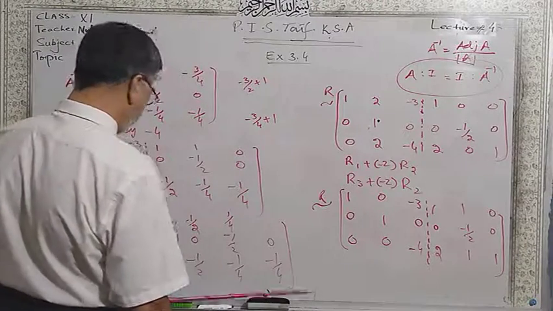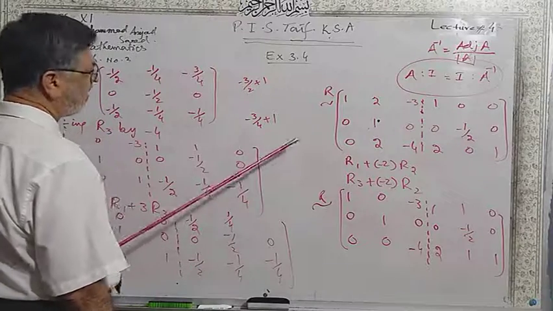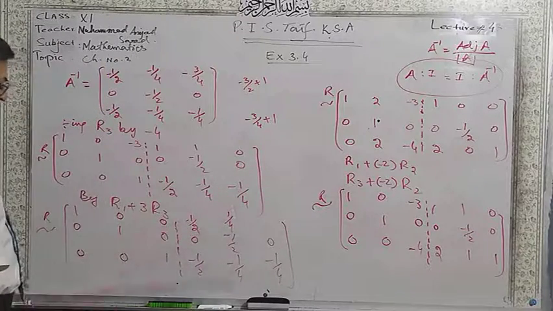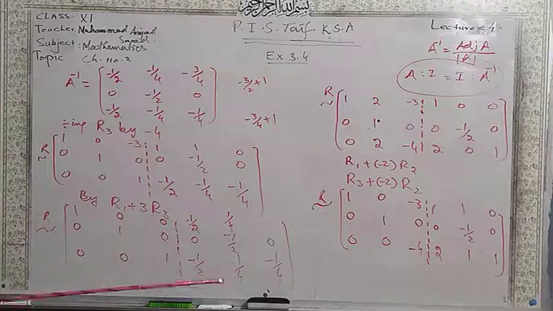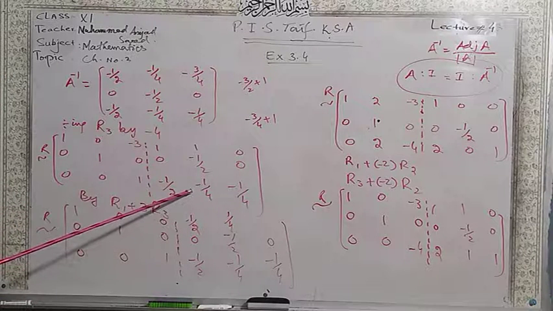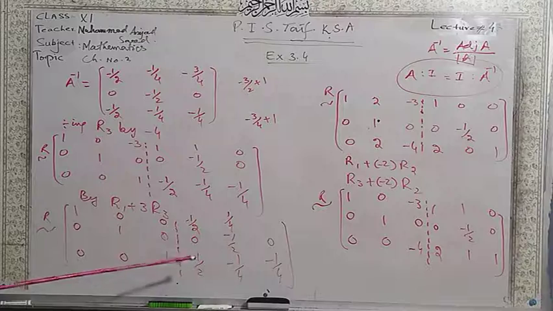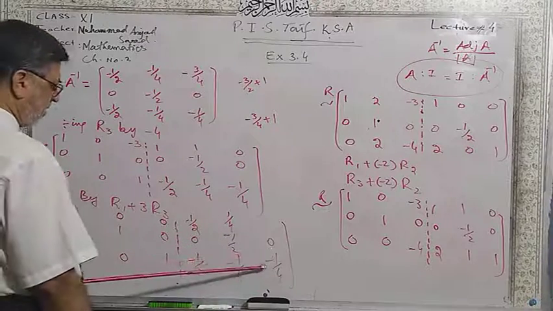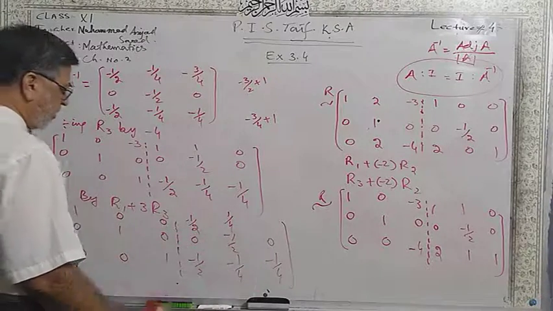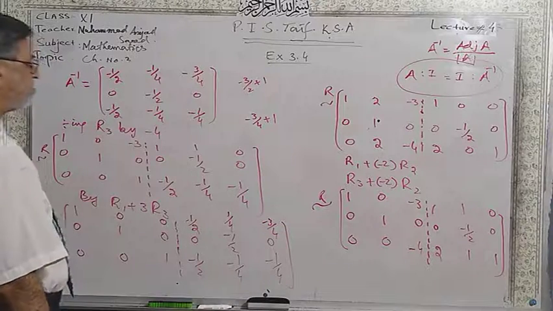And here 3 by 4, it will be added here. Here was 3. Minus 3 by 4 added to 1, 1 over 4. That is minus 3 by 4 added to 0, minus 3 by 4. That will be minus 3 by 4.